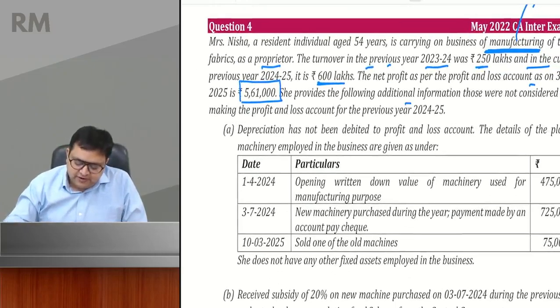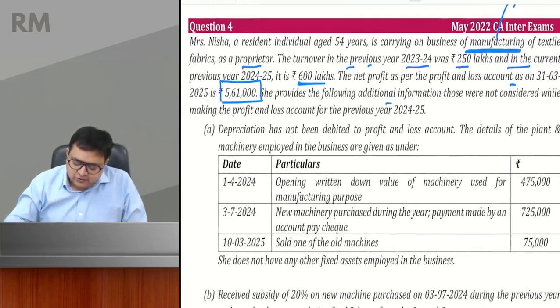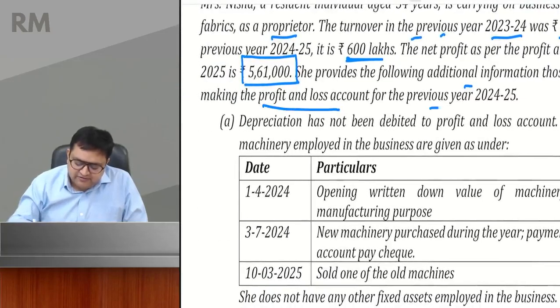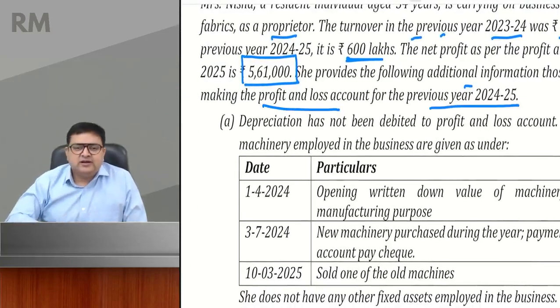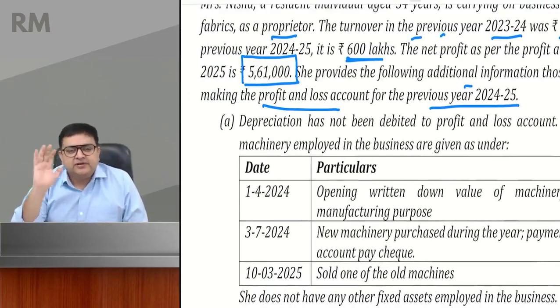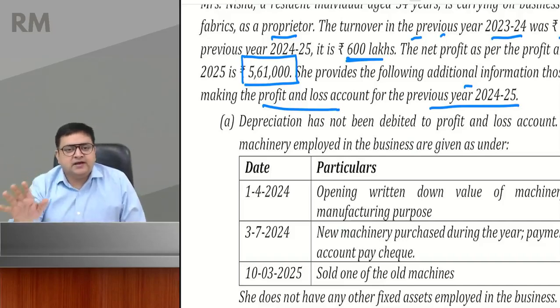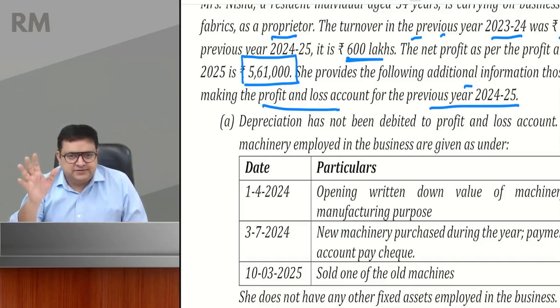She provides the following additional information, which was not considered while making the P&L account for the previous year 24-25. So there is some information she has not taken into consideration while building her P&L account. While preparing it, some information she missed.